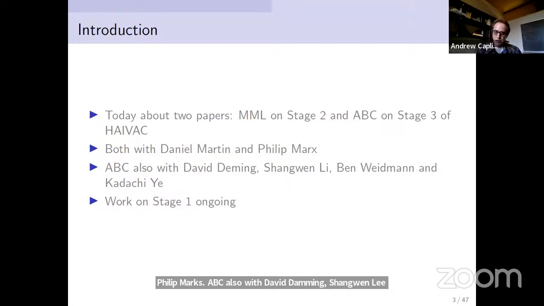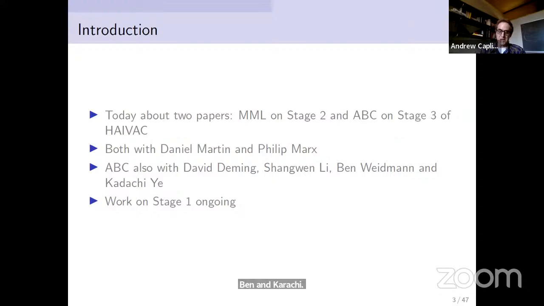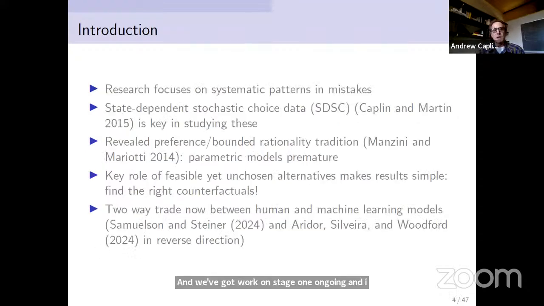And we've got work on stage 1 ongoing, and I just think there's a lot to be done here. The research focuses on systematic patterns in mistakes. And I'm going to make a point, and it will be visible, that a particular data set, ideal, state-dependent stochastic choice data that Daniel Martin and I have been playing with since 2015, will be key in studying these.